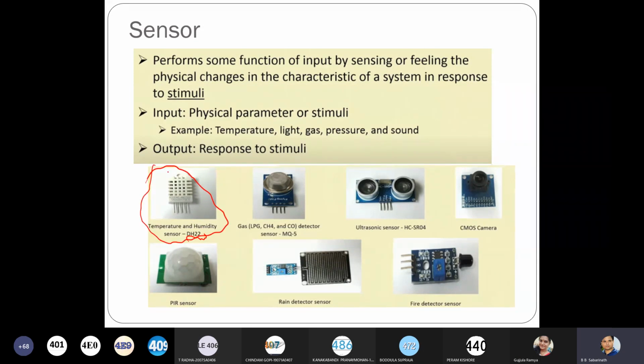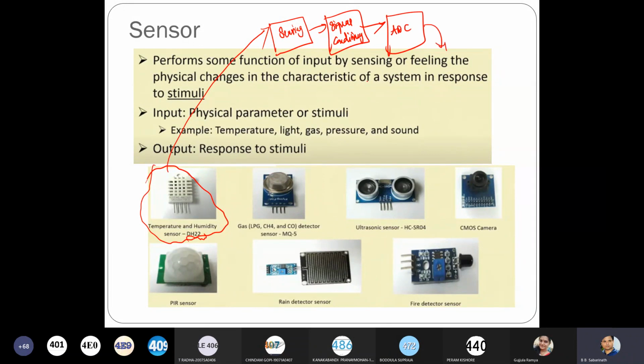Inside such a sensor, it has a sensing mechanism, also a signal conditioning stage, also an ADC. Finally this digital signal it gives out, so this is a digital sensor.